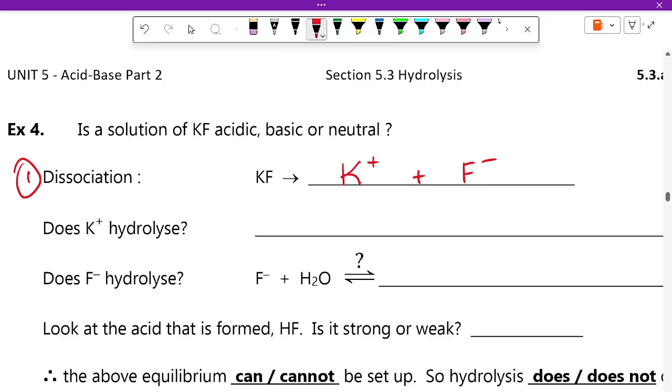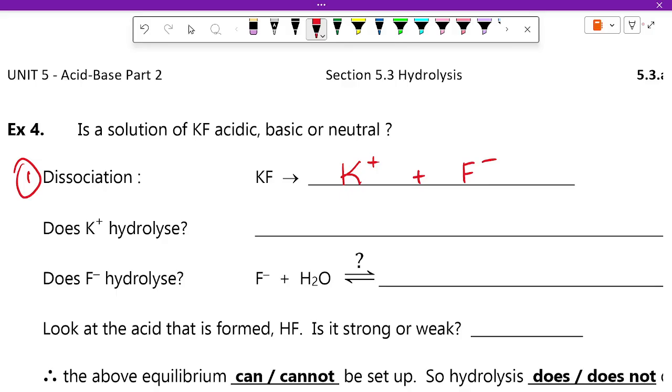I would say because you guys really know what you're doing, you probably don't have to write the dissociation because you can just see that you've got a K plus and an F minus, and you can go straight to does K plus hydrolyze, does F minus hydrolyze. But when I teach my regular class, I make them write the dissociation because otherwise they try to hydrolyze the compound, and that does not work. Or they dissociate it in some way that doesn't work because they don't have as much experience with dissociating things as you guys do. Okay?